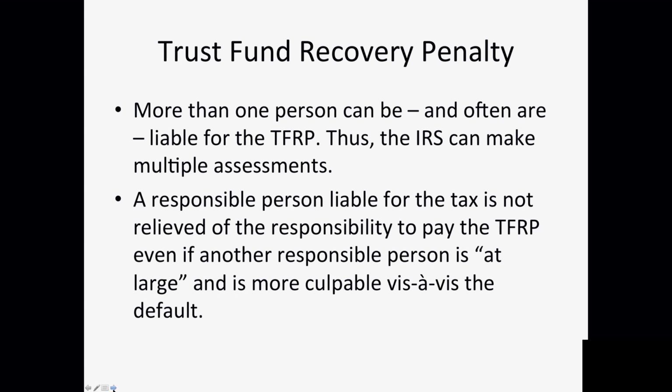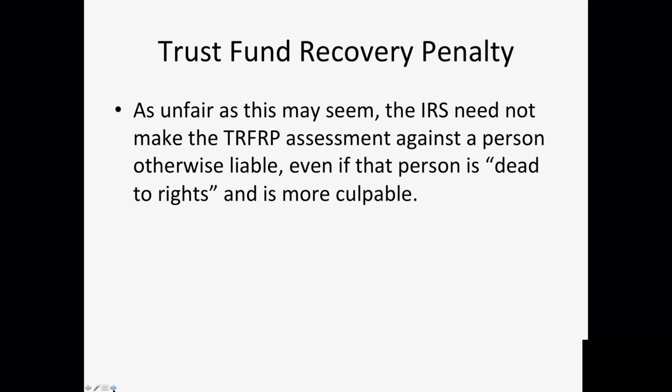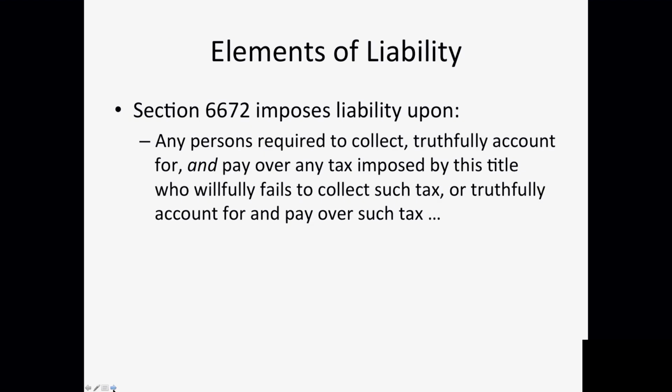And in those cases, the small fry, of course, is incensed that the IRS has targeted them as opposed to someone who has even more culpability. And we're going to discuss a little later on what can happen in those cases where the IRS singles out your client as opposed to someone who's even more responsible. So as unfair as this may seem, the IRS need not make the assessment against a person otherwise liable, even if that person is dead to rights and is more culpable.